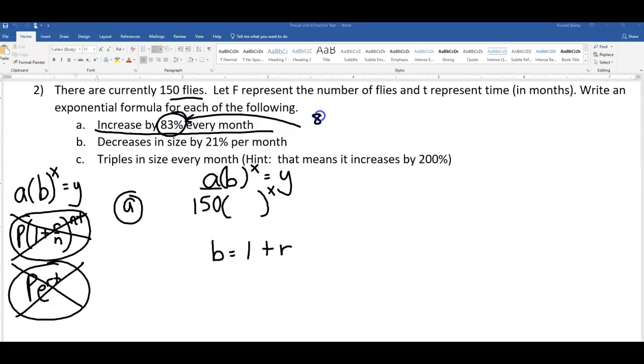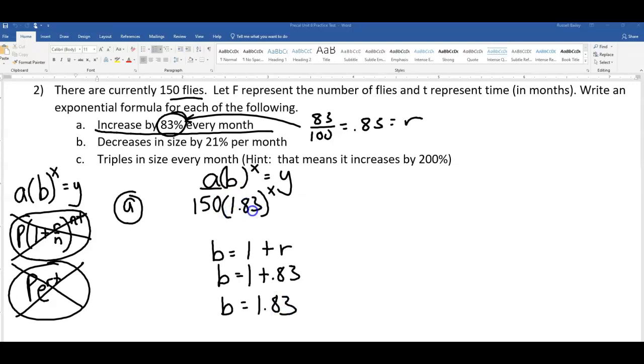Now, that means to change it into a decimal, we're going to divide by 100, so that's 0.83, and that's my R value. So if we're increasing by 83%, it's going to be 1 plus 0.83 to get my B value, which means B is 1.83. And there is our formula for part A.